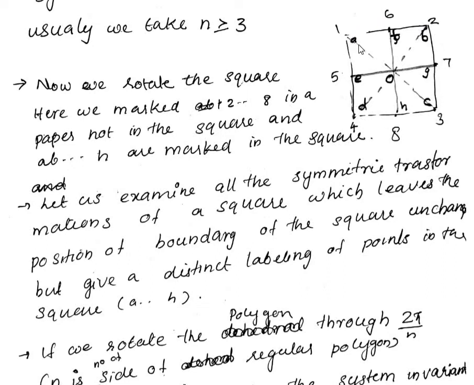Internally it is marked as A, B, C, D, E, F, G, H. All symmetric transformations are transformations which leave the boundary of the square unchanged. After a rotation, if we fit the square into that paper, it should match its original shape. Then we can call that type of rotation a symmetric transformation.